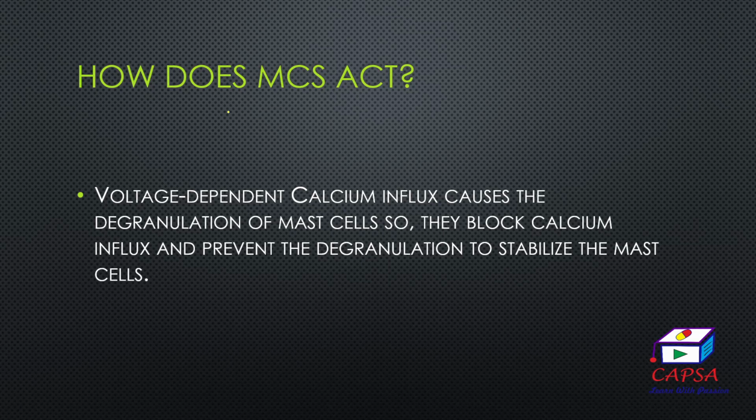We need to remember when the mast cell becomes destabilized and when it is in the stabilized position. In the stabilized position, the mast cell membrane shows a voltage of 0 millivolt, that is, the resting membrane potential.